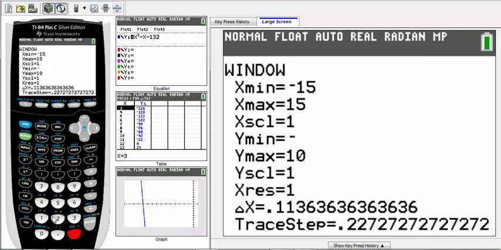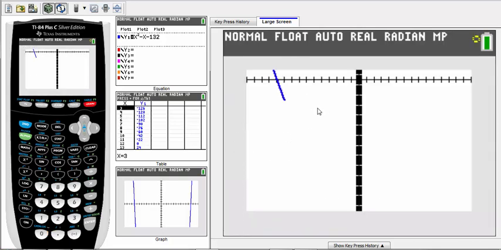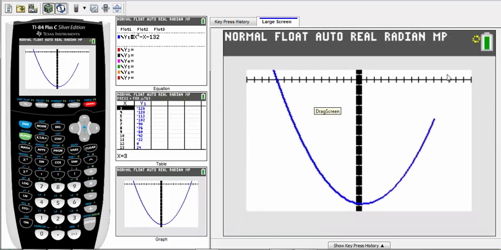If I remember right, my graph went down to something like negative 132, so I'm going to go negative 140. And those are all values that I got off of the table. Okay, so here's my graph. It's crossing. So that's what I want to go ahead and pull into my problem.